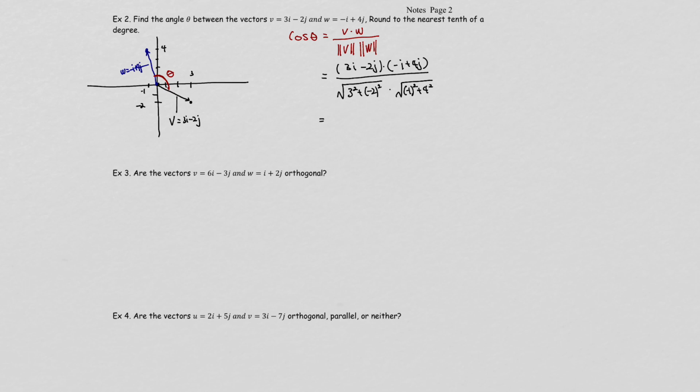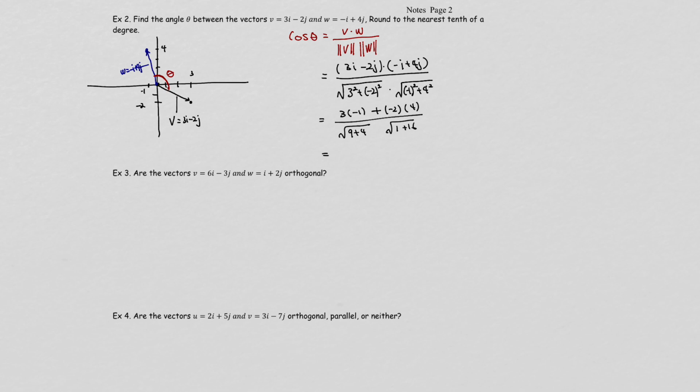So when you multiply the numerator, you get 3 times negative 1 plus negative 2 times positive 4, all over, this is 9 plus 4, and this is 1 plus 16.